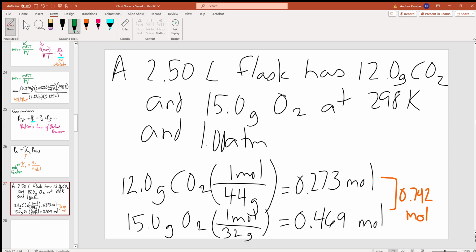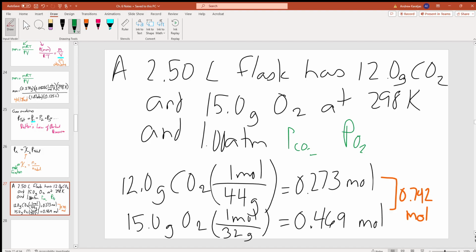A 2.5 liter flask has 12 grams of carbon dioxide and 15 grams of oxygen at 298 Kelvin. And we want to know what is the partial pressure of carbon dioxide and what is the partial pressure of oxygen.